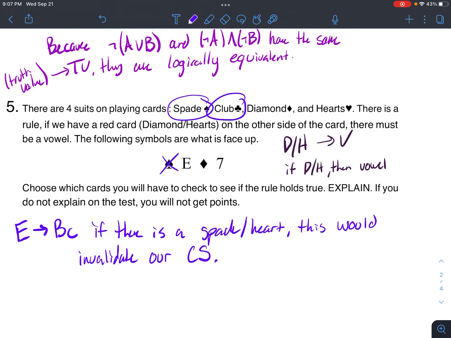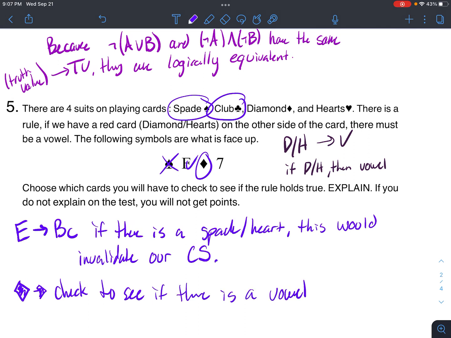Okay, cool. So we do have to check E. Let's think about a diamond. We do have to check it on the other side to make sure that there's a vowel. So our diamond, we have to check to see if there is a vowel.